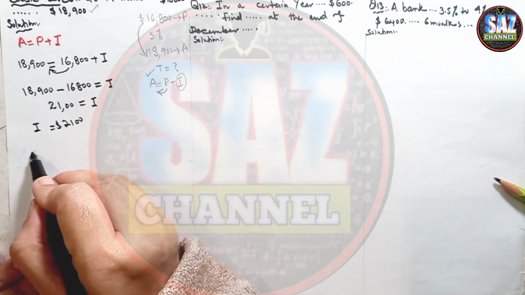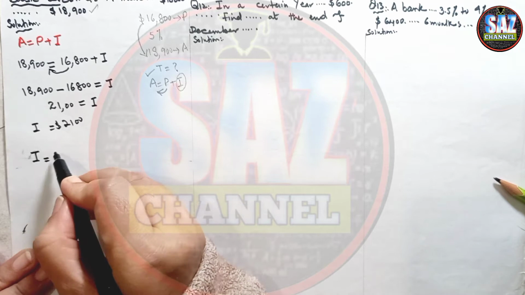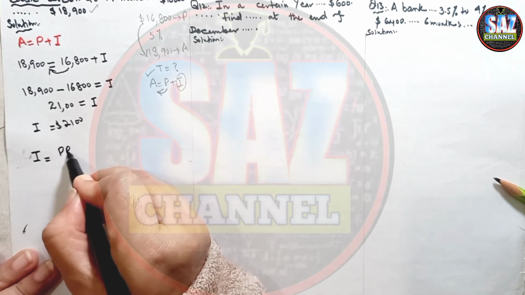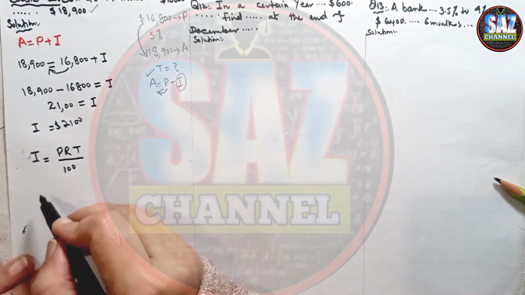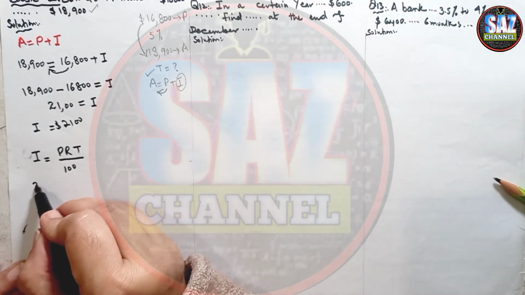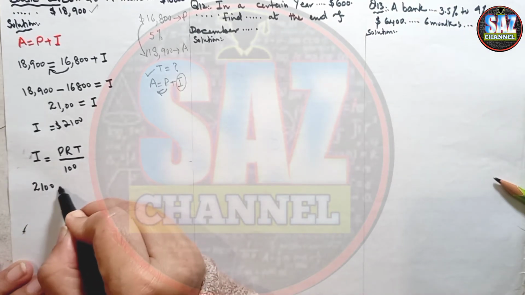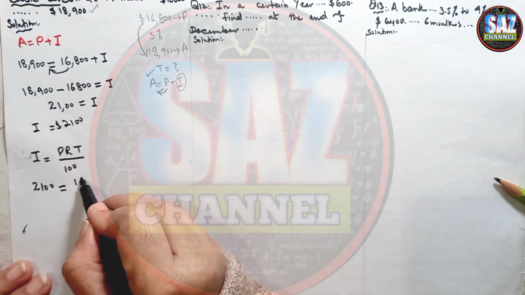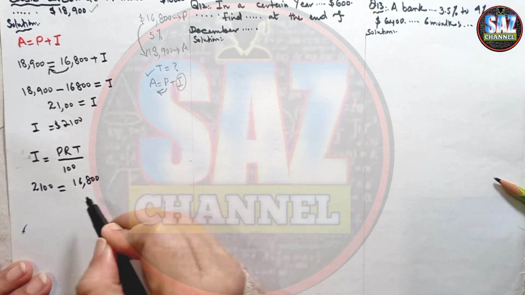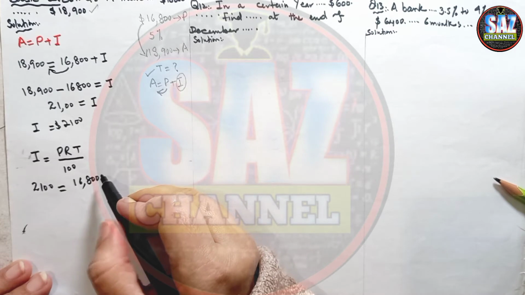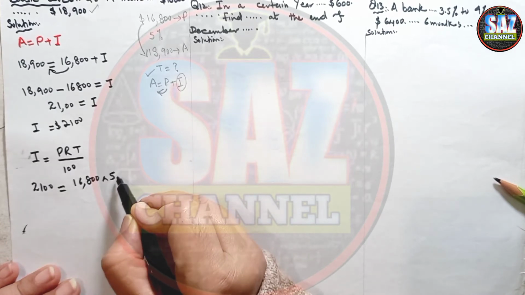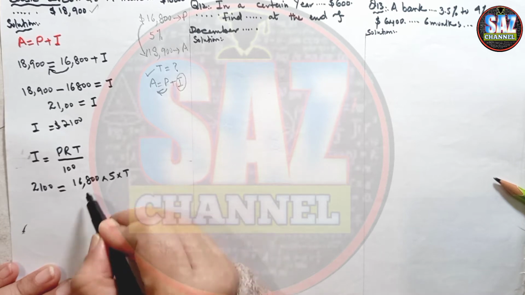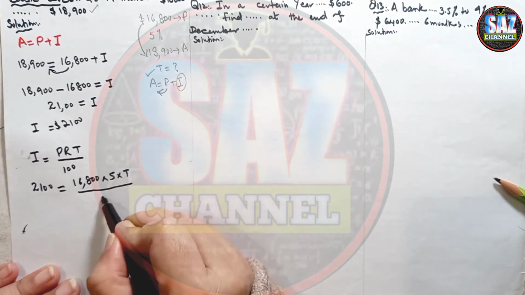Now the actual requirement of the question is the time taken for the investment. I'll be using the formula I equals PRT upon 100. Instead of I, I replace 2,100 equals principal 16,800, rate 5% per annum, time we do not know, upon 100.